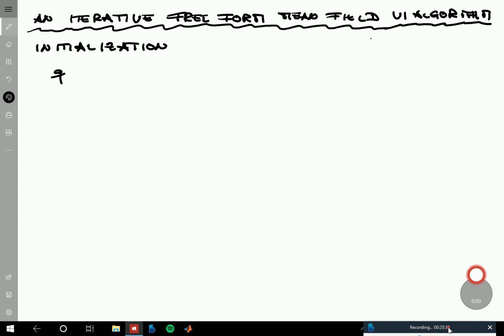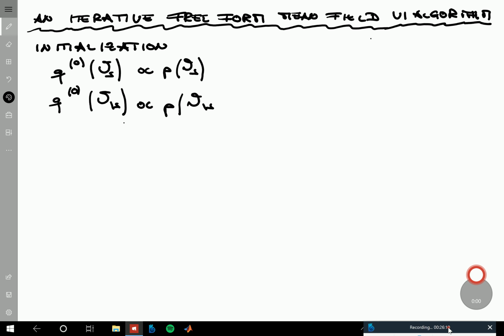What is usually done is that at the 0 iteration, the variational distribution over S and over the non-S are set to the prior distributions. Because this is something that we have already.